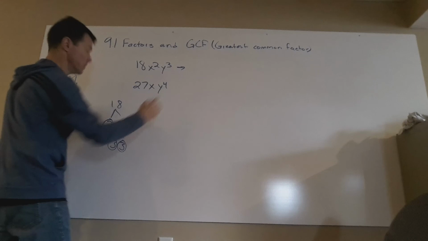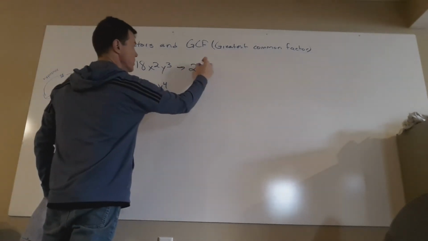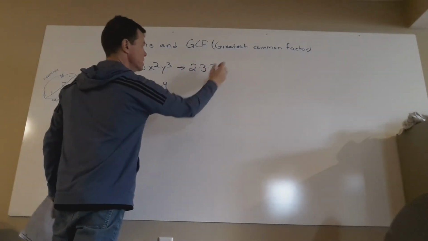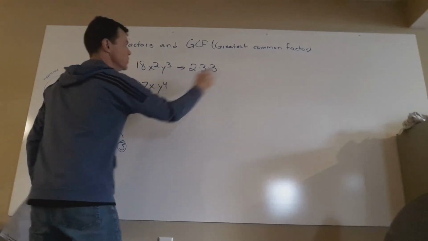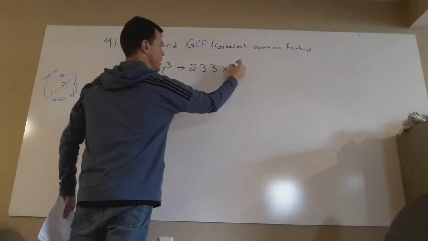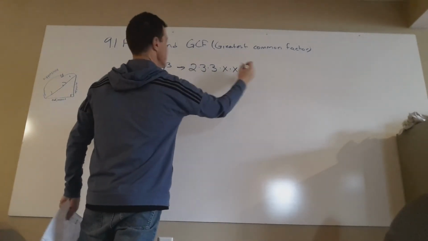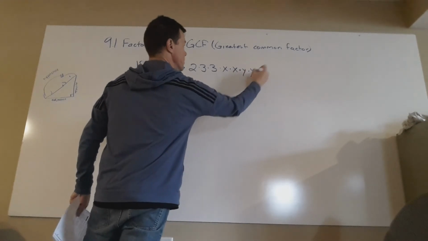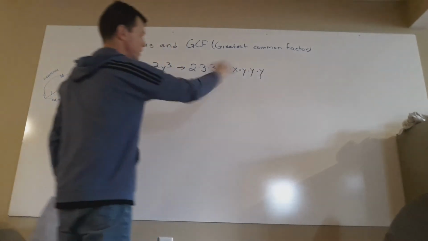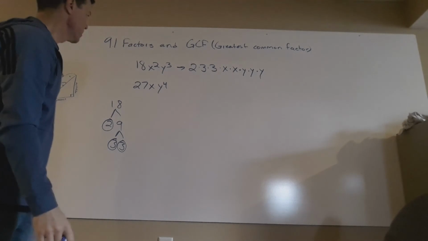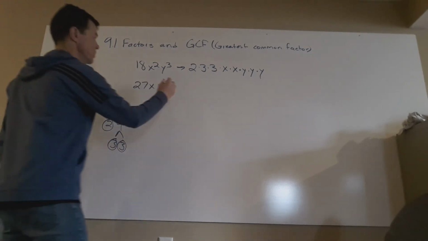So 18, you're going to have 2 times 3 times 3 times x times x times y times y times y. That is factored completely.